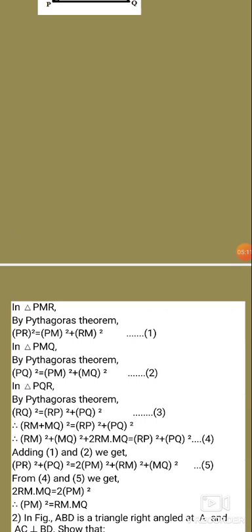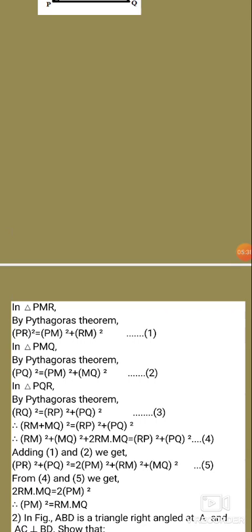PR square plus PQ square is equal to 2 into PM square plus RM square plus MQ square. Now both having PM square. So 2 PM square. From 4th and 5th, what we get? 2 RM into MQ is equal to 2 PM the whole square.